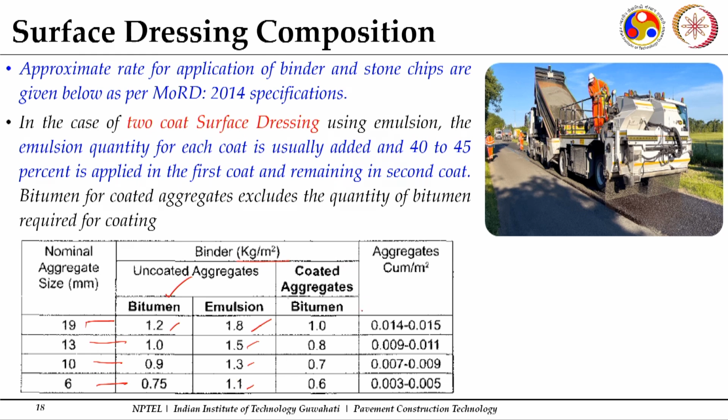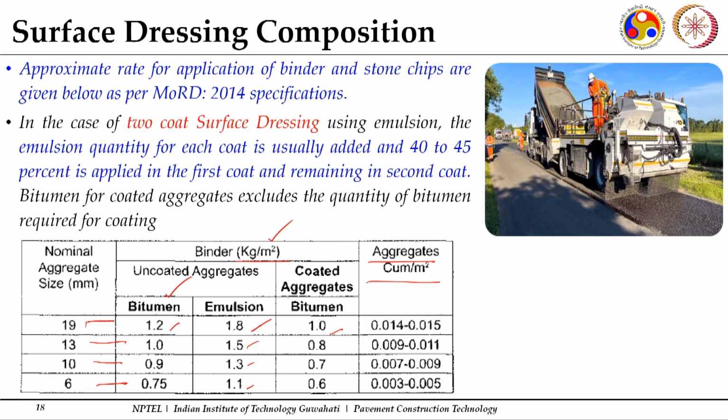Now for coated aggregates, specifically when I am using pre-coated chips, in that case the binder quantity will be slightly reduced. The quantity of aggregates is also given here, per meter square, whereas earlier we were referring to 10 meter square area.